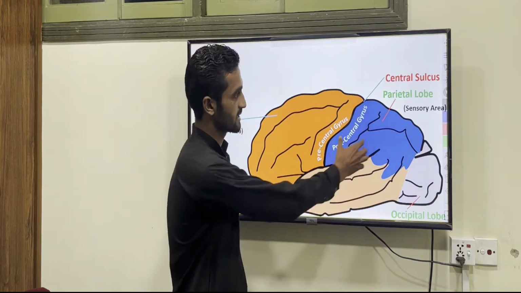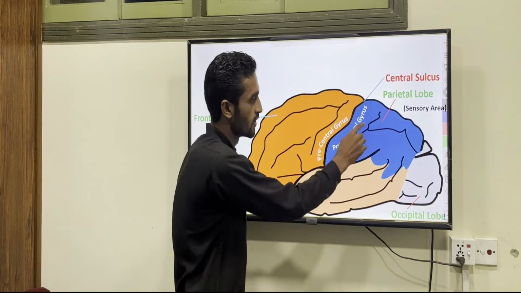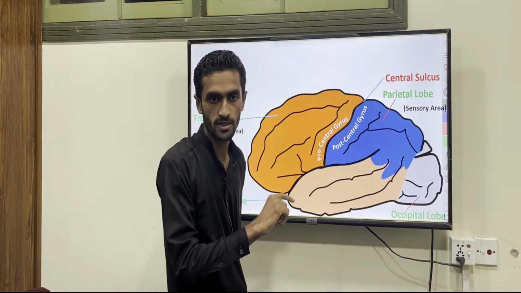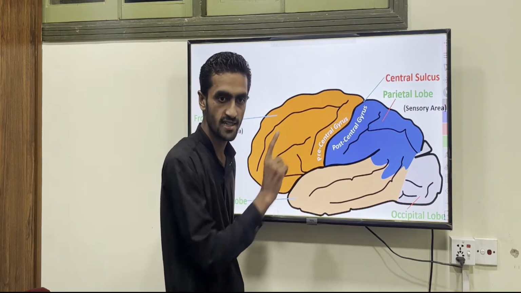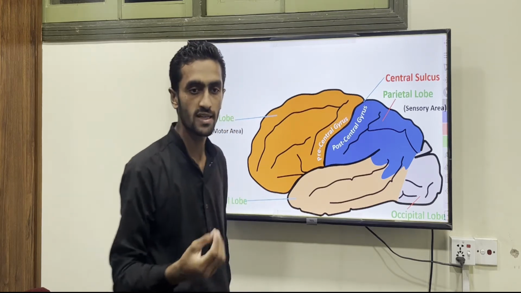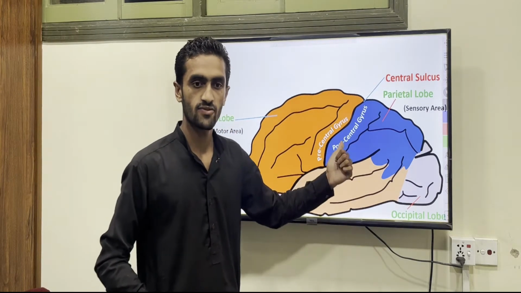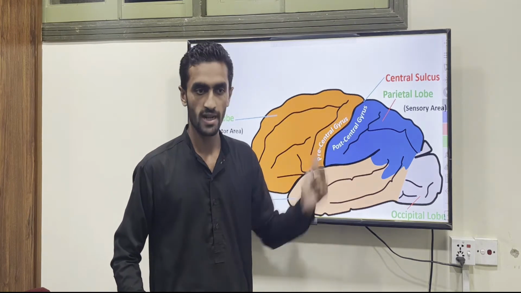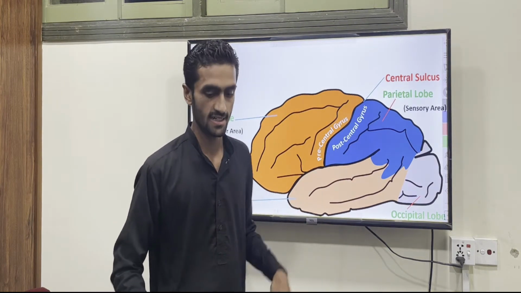Is post-central part of sensory or motor? Sensory, and pre-central is part of motor. So the pre-central area is the primary motor area, and post-central is the sensory area.